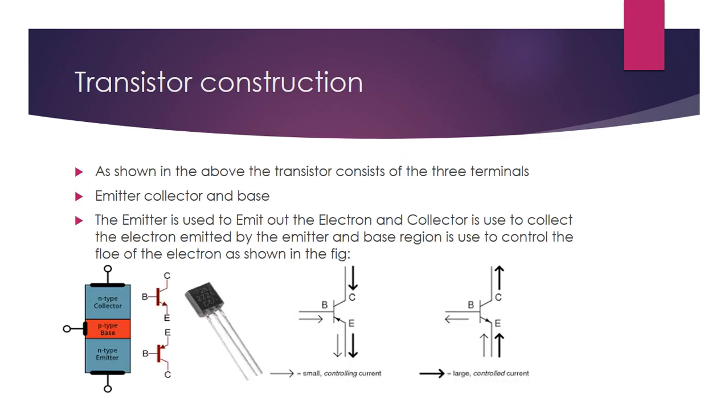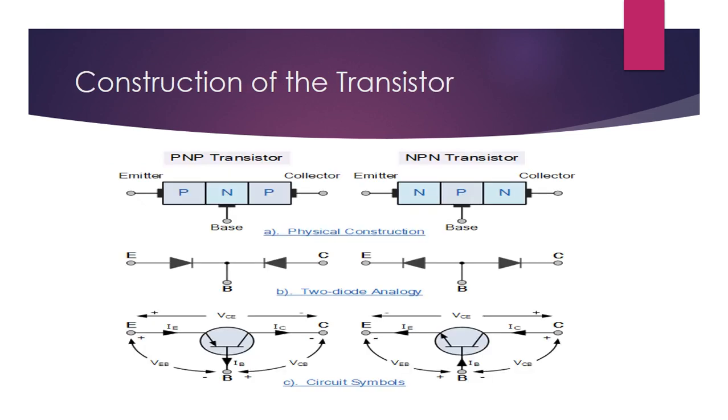Now, this is the construction of the transistor: how the transistor is made and what the terminals of the transistor are. Basically, a transistor consists of three layers. One type is PNP.